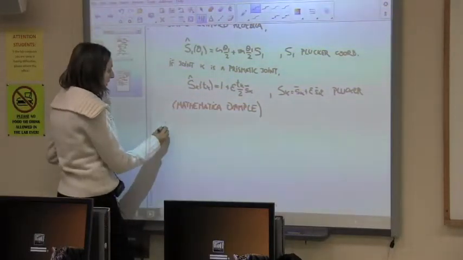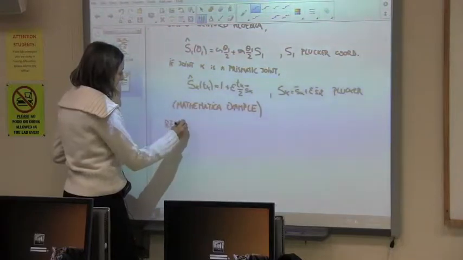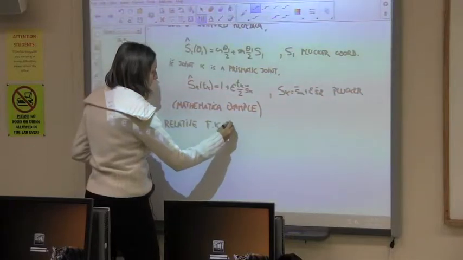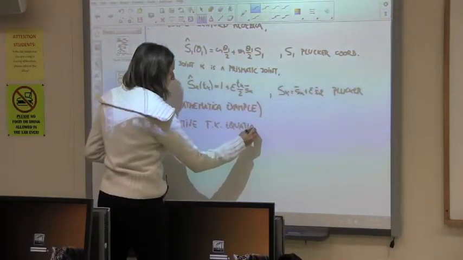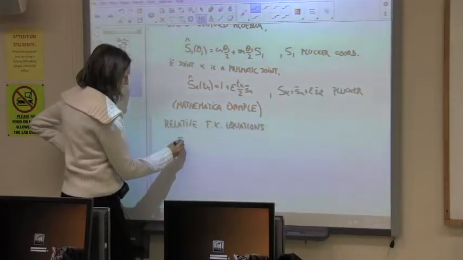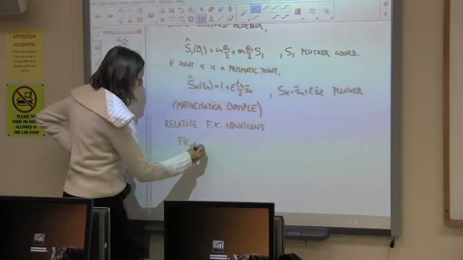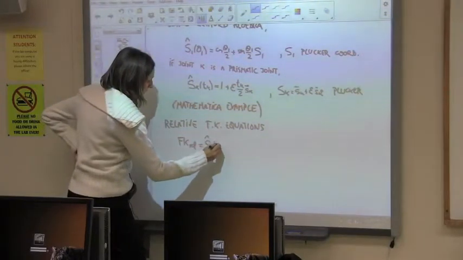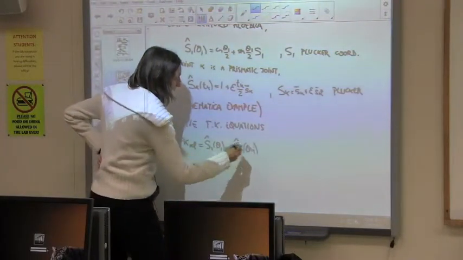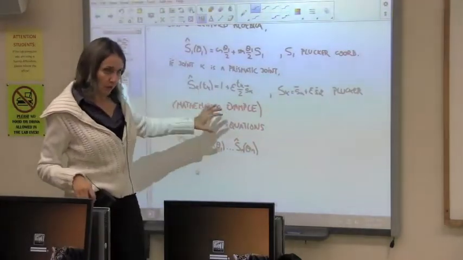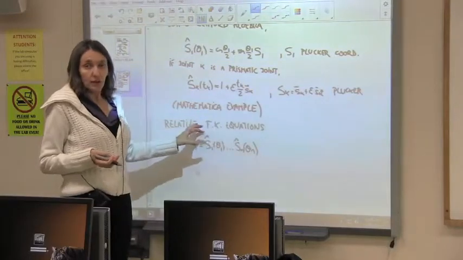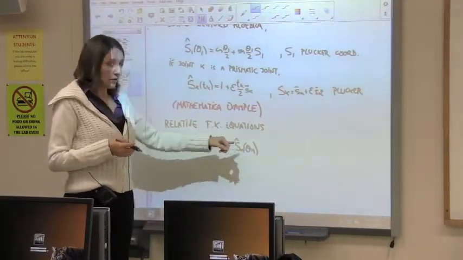So the relative forward kinematic equations: FK rel equals S1 of theta 1, Sn of theta n, and in fact, this is what most people use in robotics when you have to deal with robotics seriously. Not many people use the dual quaternion, but they use this in matrix form.